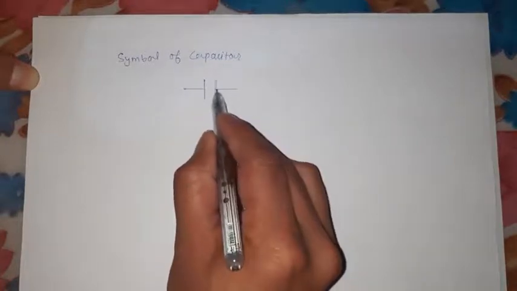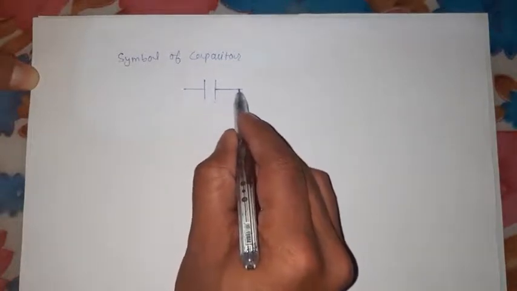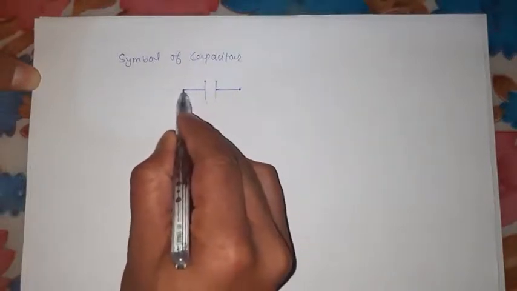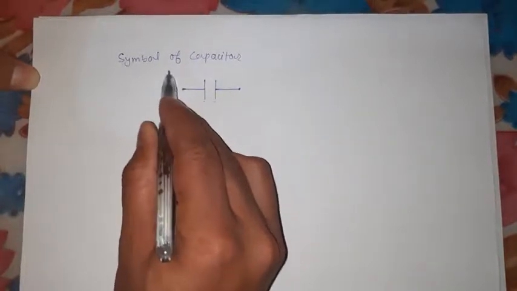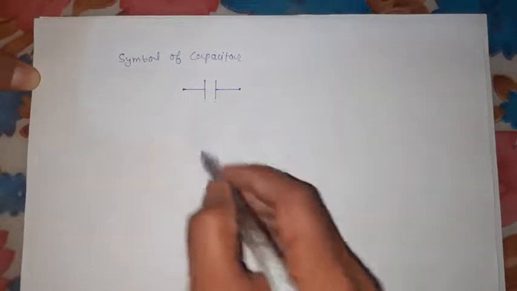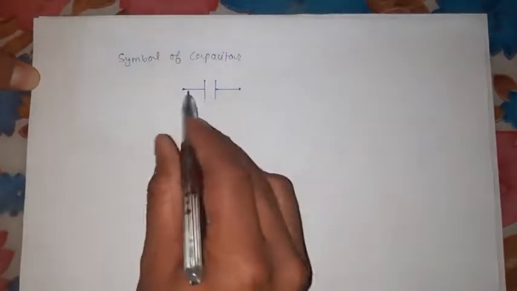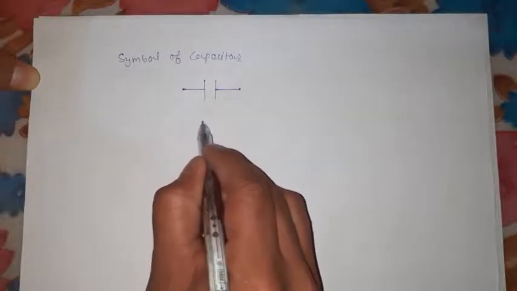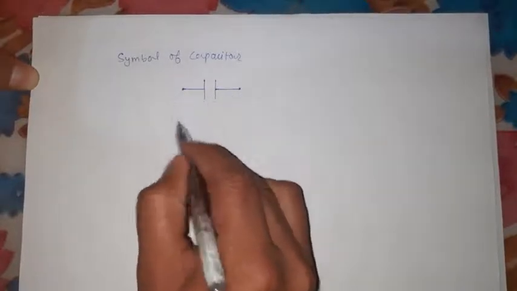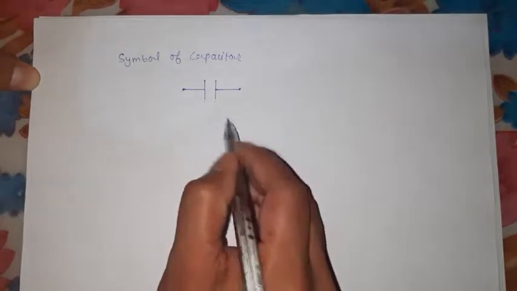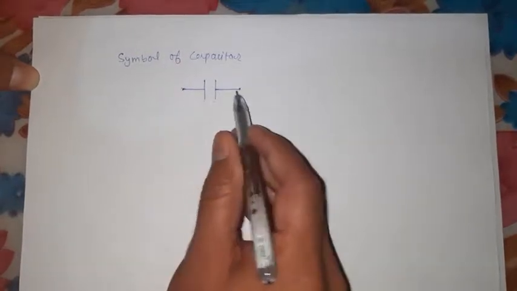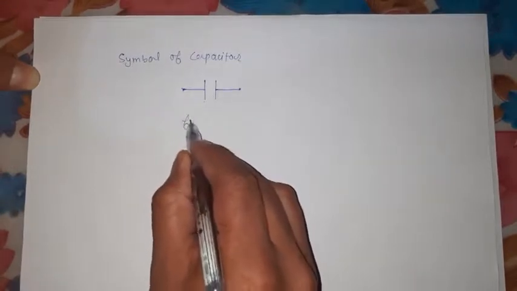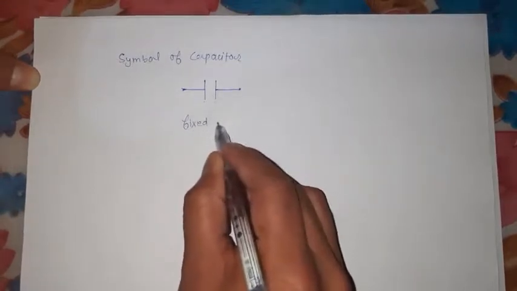You can make the connection of these in the circuit, or if you want to charge the capacitor, you can connect it with the battery. So these two terminals are connected with the battery; it is a two-terminal device. This capacitor is of fixed value, so it is a fixed capacitor.